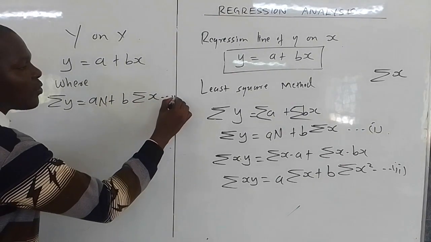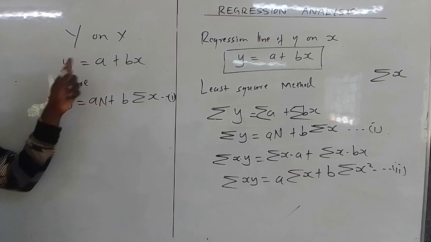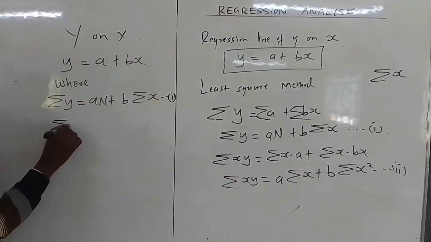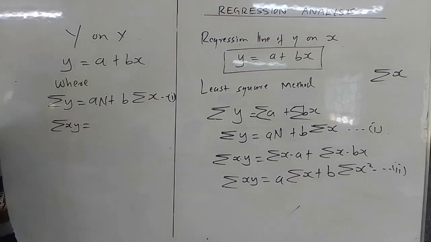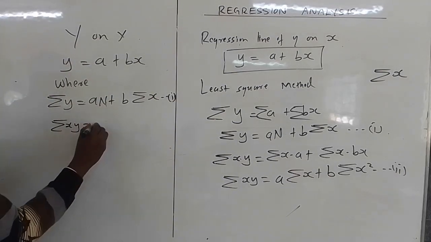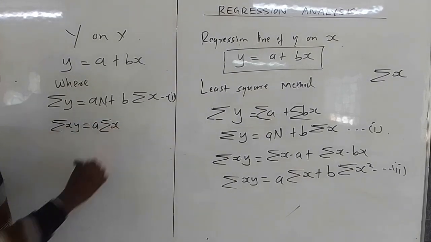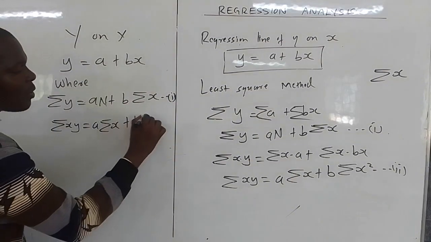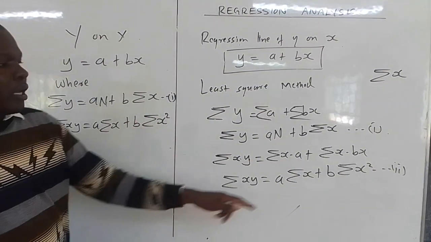That is equation 1. Then equation 2, you multiply both sides by summation x. Then you get summation xy equals a, you factorize a outside, you remain with summation x. Are we together? Yes. Then plus b, you factor outside, you remain with summation x squared.